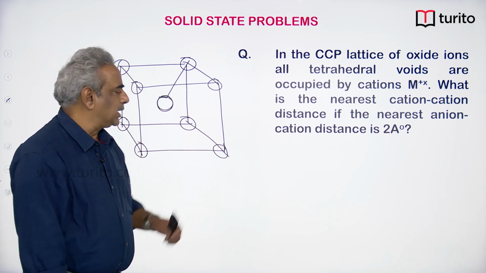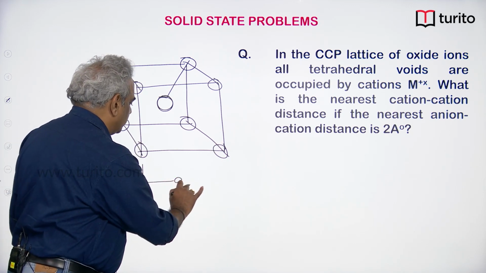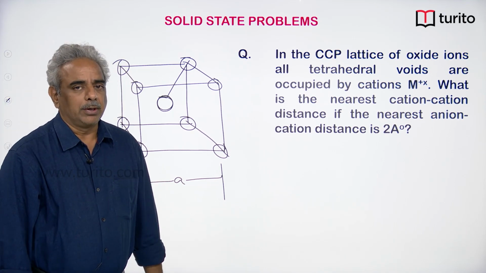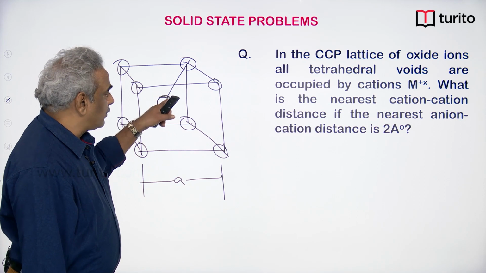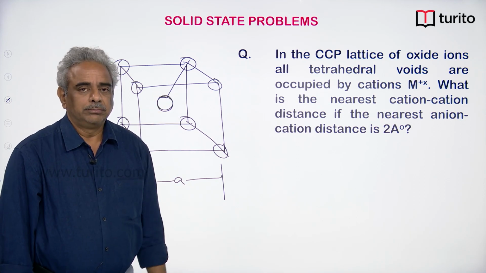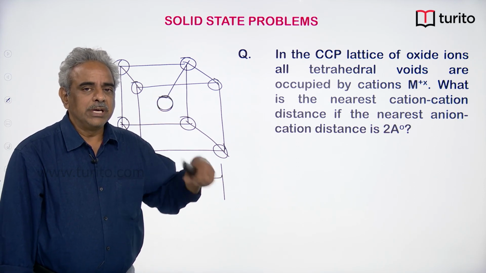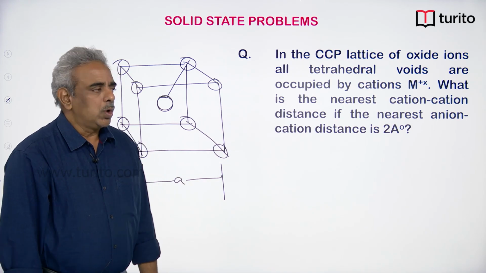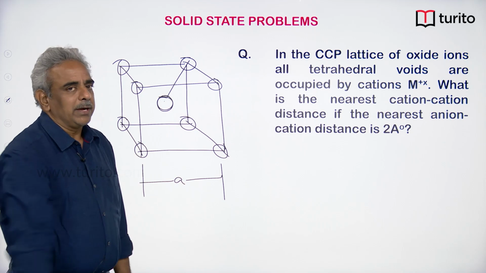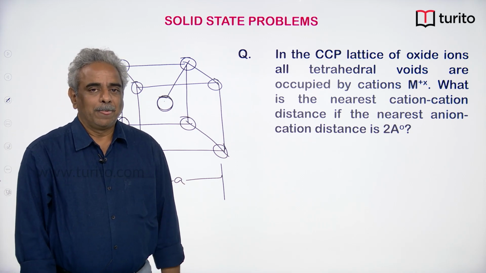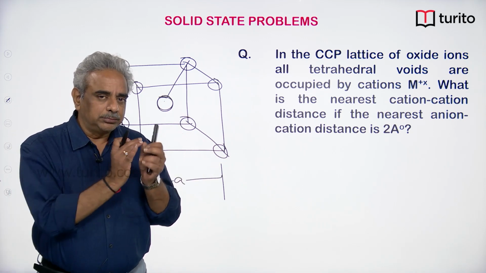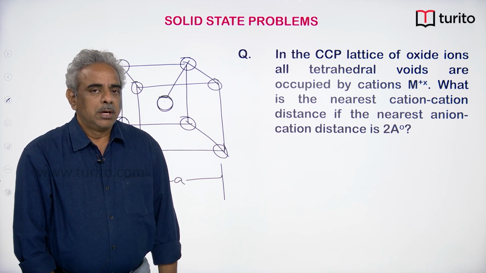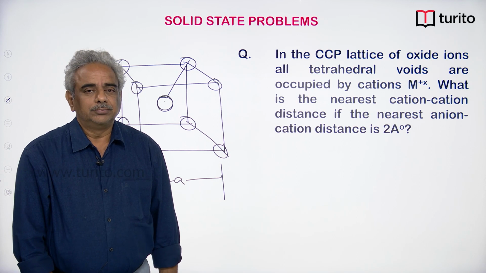Let us assume the edge length is A. The first nearest distance will be half of the body diagonal, because the body center atom is in contact with all the corner atoms. So, this is in contact with this sphere, that is the best possible nearest distance between two spheres.